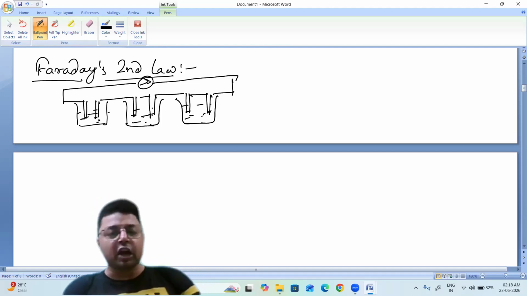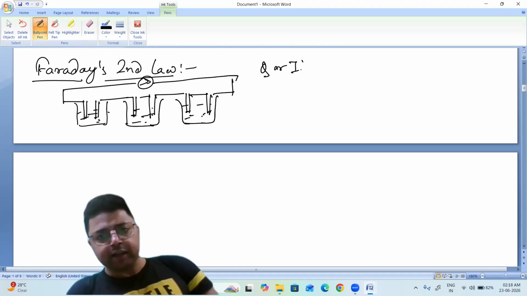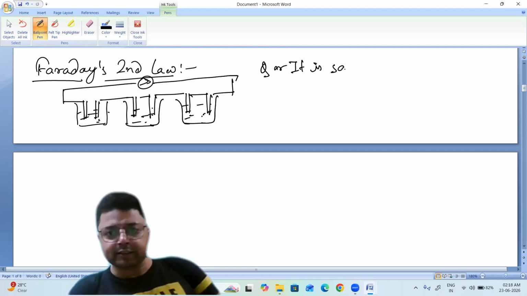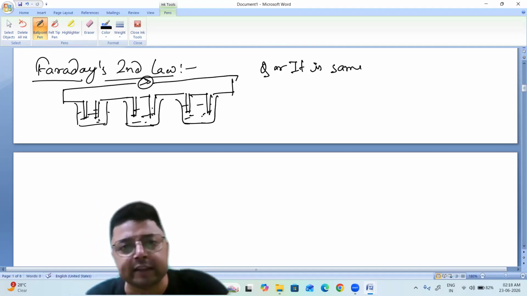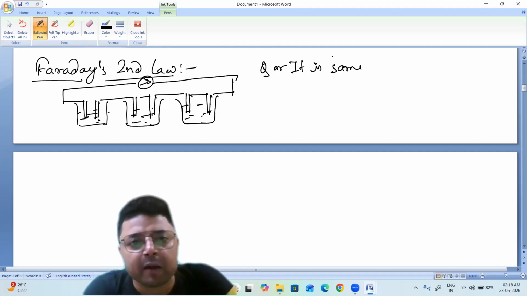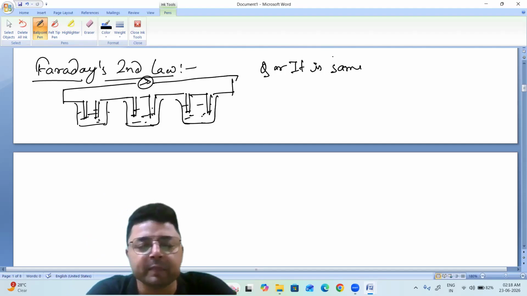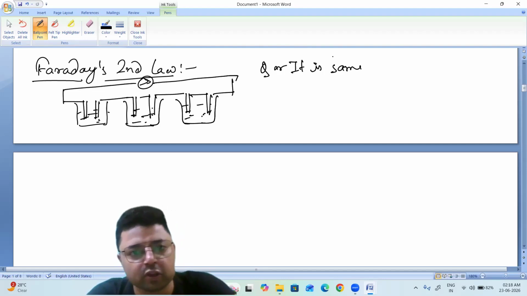If the amount of charge is the same, that is Q or IT is the same here. If we are passing the same amount of electricity, it will be the same amount of current passing through all the 3 chambers where electrolysis is being conducted.